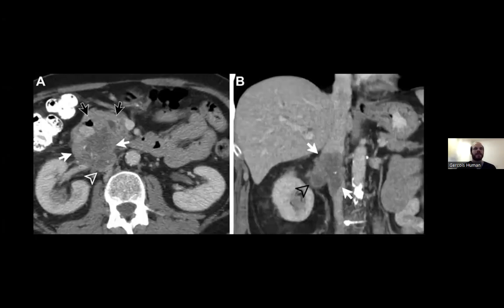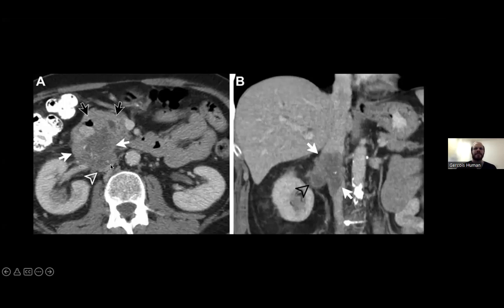Here we've got a 47-year-old man who was diagnosed with a leiomyosarcoma. It shows this very aggressive-appearing lesion, in contrast to the case I just showed you. It is a low signal density lesion infiltrating the duodenum. You can see similar density in the IVC, indicated by this arrowhead.